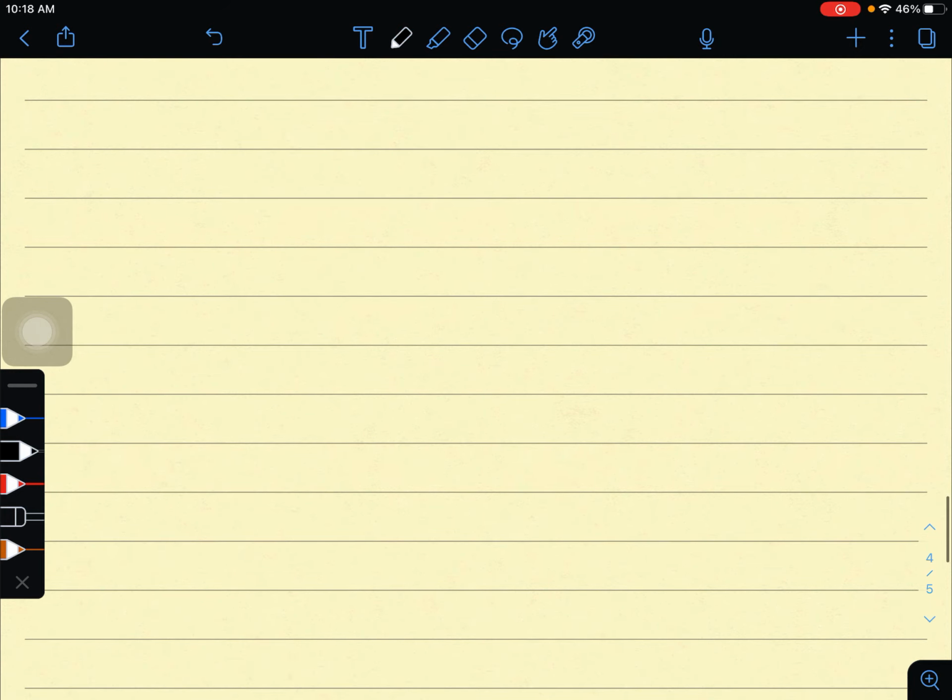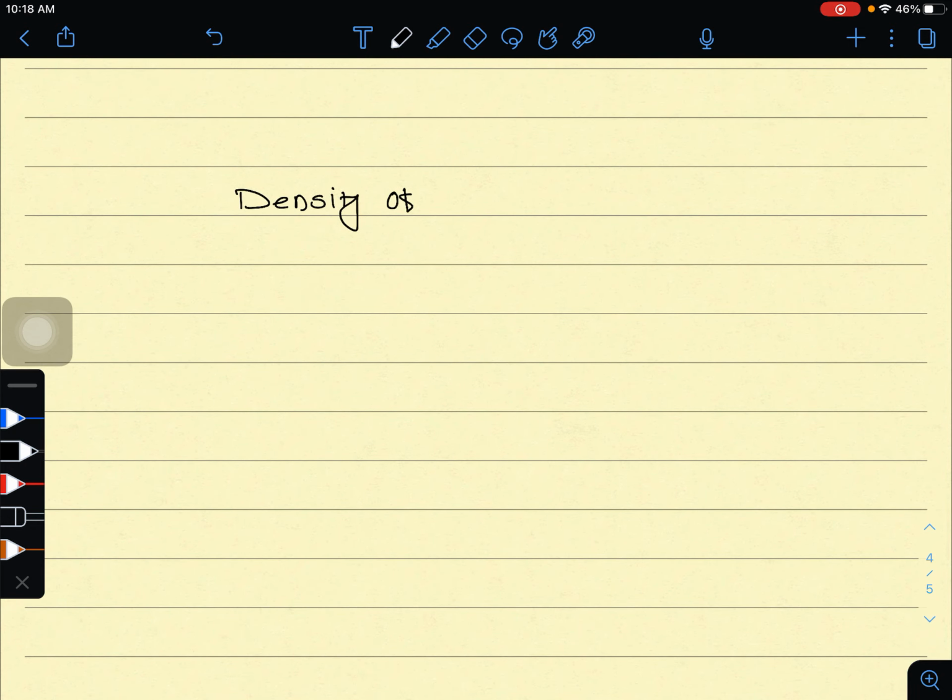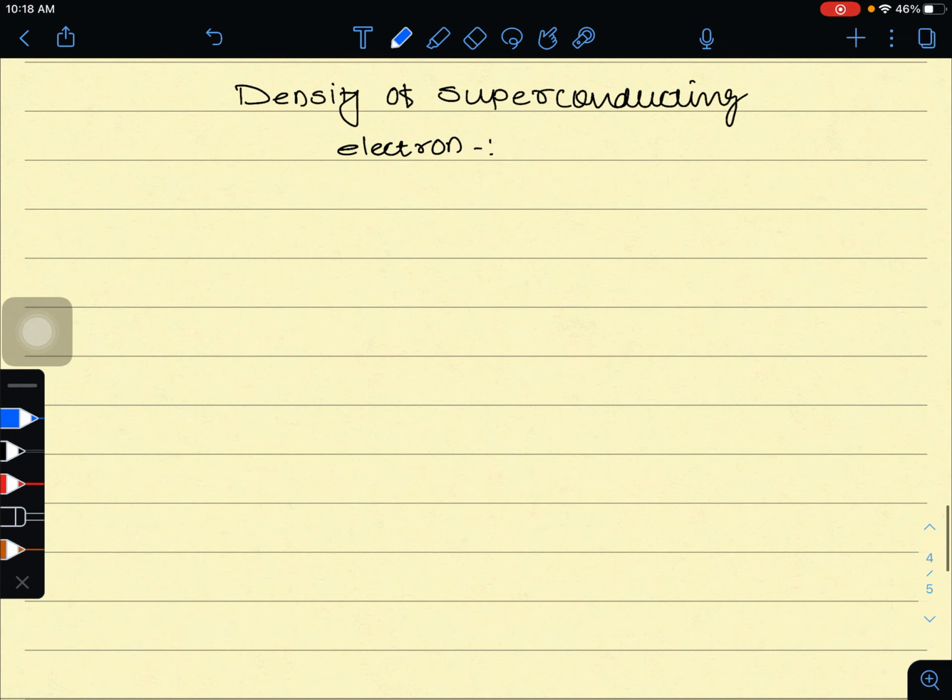Firstly, we assume the density of superconducting electrons, ns, is directly proportional to the wave function squared, |psi|^2. Let this be equation number 1.